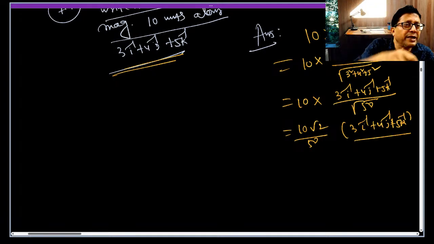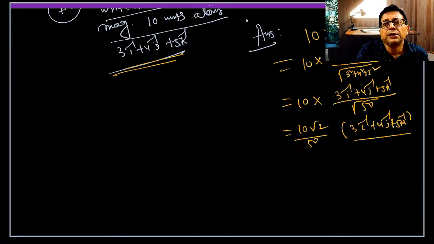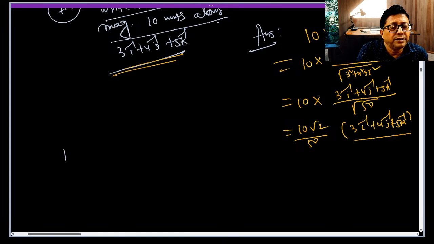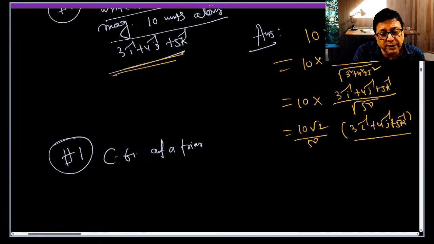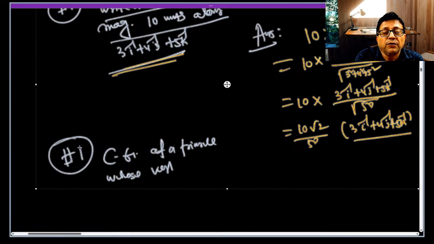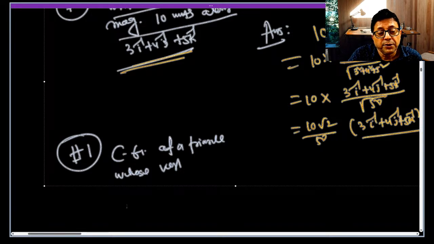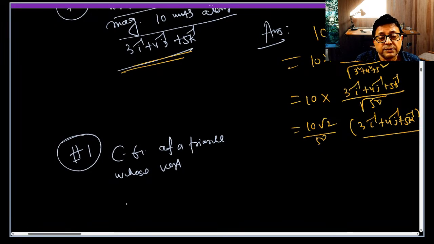Now if I tell you to derive the formula for the centroid of a triangle by using the concept you got so far, the CG of a triangle whose vertices, I mean position vectors, are known.